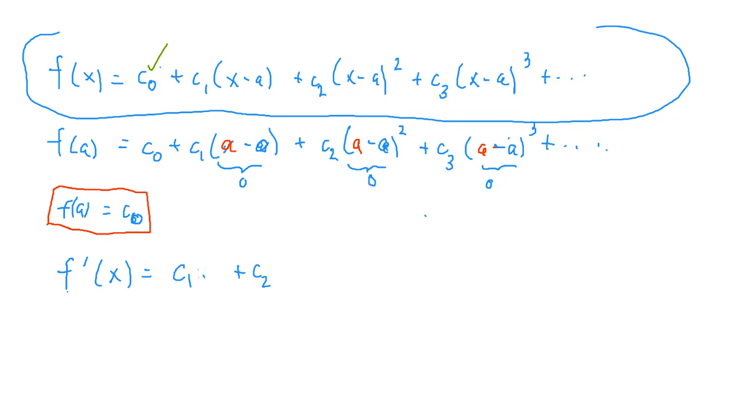The derivative of a constant is 0. The derivative of x minus a is just 1. The derivative of x minus a squared is 2 times x minus a to the first power. The derivative of x minus a cubed is 3 times x minus a squared, and so forth.